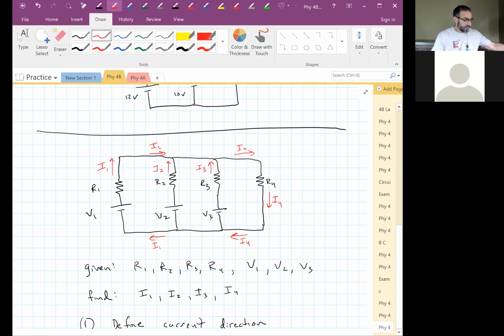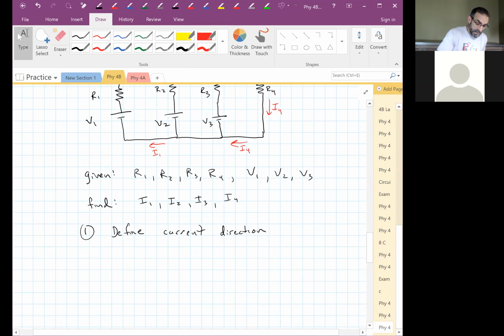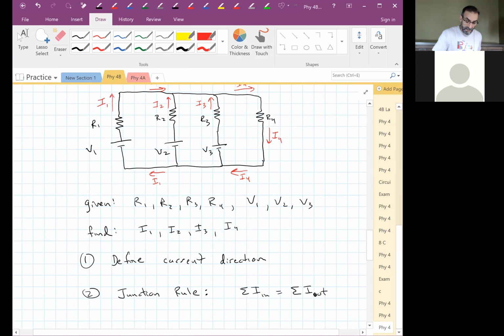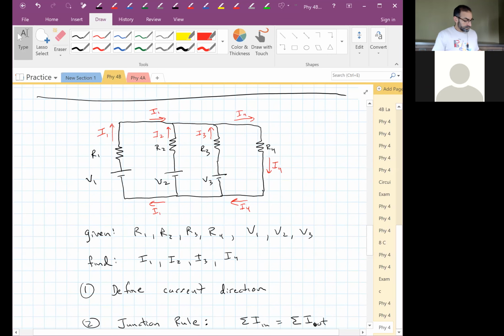What's step 2? Junction rule, right? Sum of the current into a junction equals the sum of the current out. There are 4 junctions here.